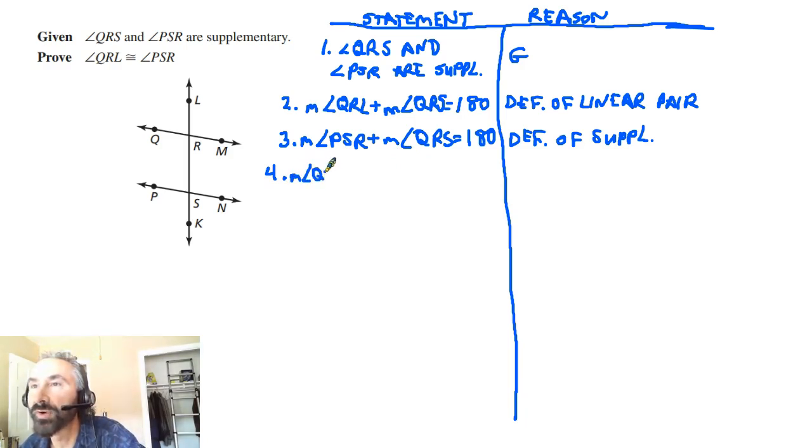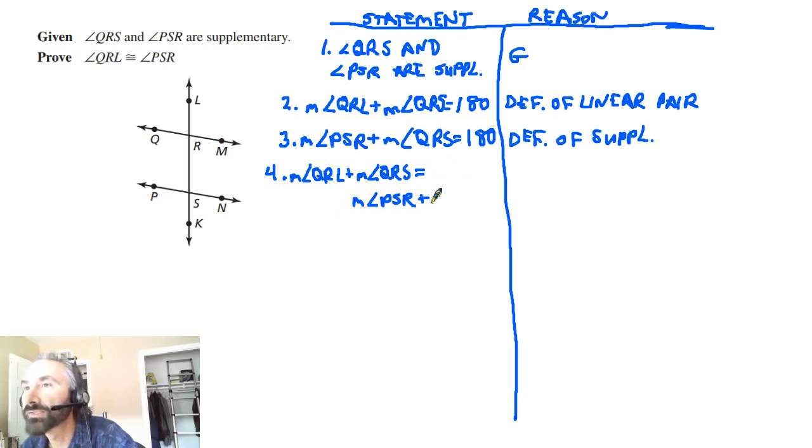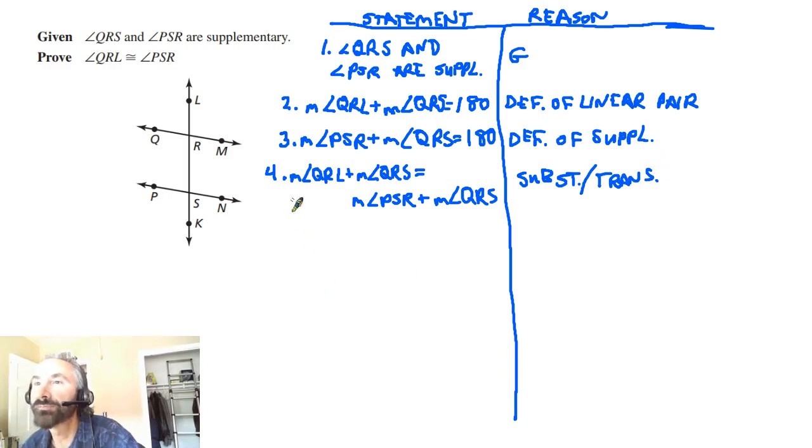Measure of angle QRL plus measure of angle QRS should be equal to, I don't have a lot of space, so I'm just going to put it here, equal to the measure of angle PSR plus the measure of angle QRS. And we can say either substitution or transitive. I would accept either one on a test. I'll write them both for you to consider.